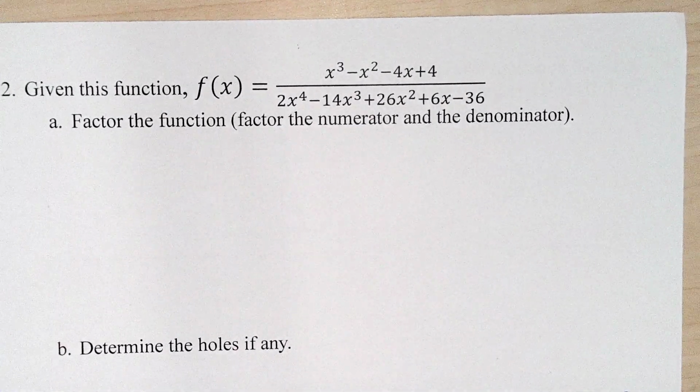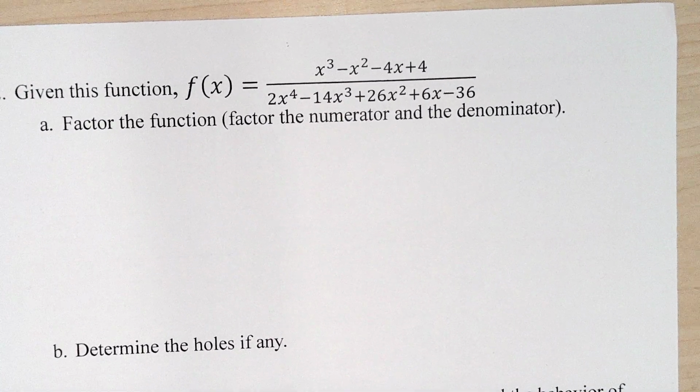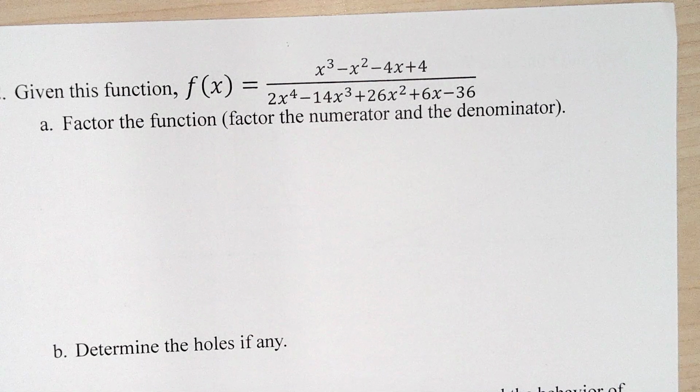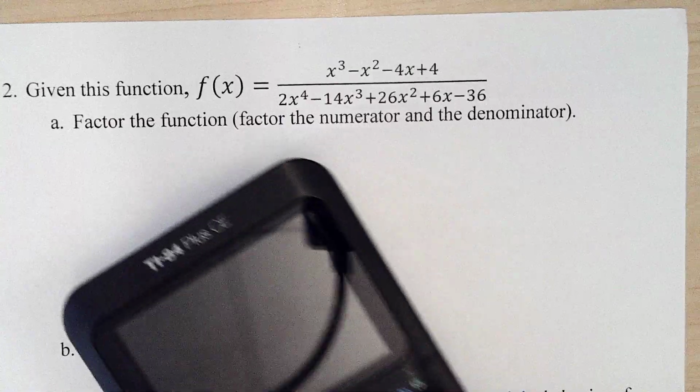Okay, problem number 2. First thing I should do is graph this. Graph just the numerator. And since I'm using my computer to do this, I can't switch to screen recording, so I'm going to do it on a calculator.